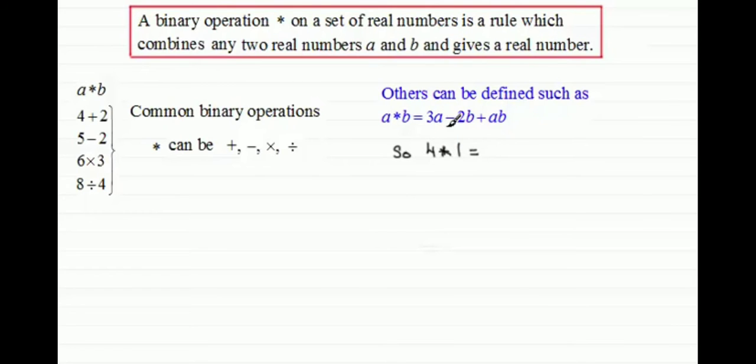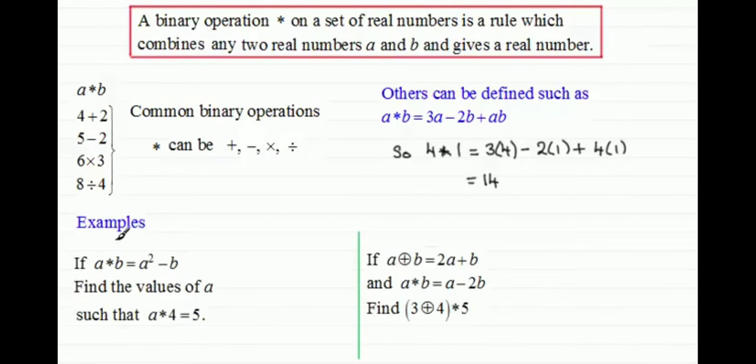So if you perform the operation star for these two elements, 3 into, instead of a you have to substitute 4, minus 2 into, instead of b you have to substitute 1, plus instead of ab you have to substitute 4 into 1. So 4 3s are 12, 12 minus 2 is 10, 10 plus 4 is 14. So the answer is 14 for the operation star.